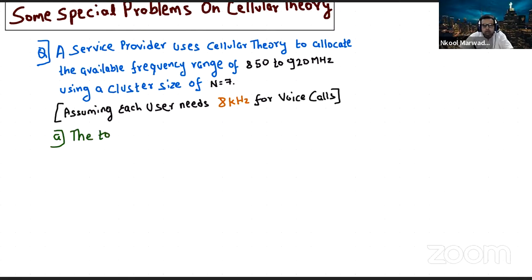The second very important observation, the thing they are asking, the total number of users supported per cell if 120-degree cell sectoring is used.